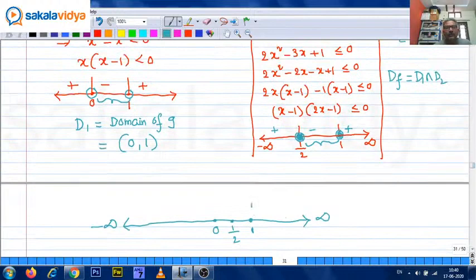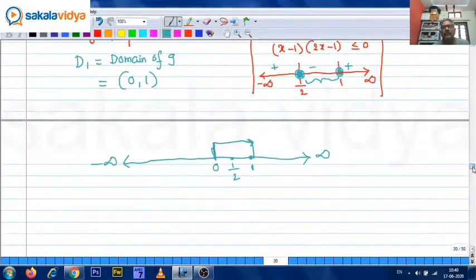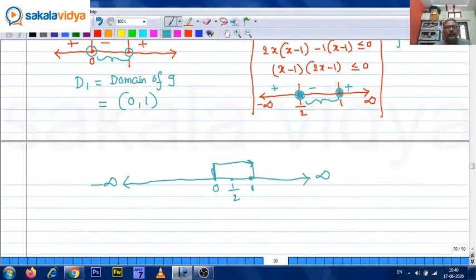Now let us shade it. 0 comma 1. Here to here. 0 comma 1. Now we check this one, half comma 1. So this is the intersection part. This part we need to consider.